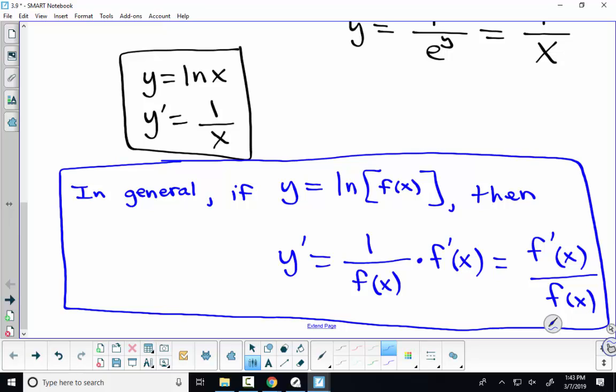You don't necessarily need to remember this process. You need to remember the formula we just wrote down. The derivative of the natural log of a function is the derivative of the function over the function. But with other techniques that we've learned, we can justify derivatives outside of just using the definition of the derivative.